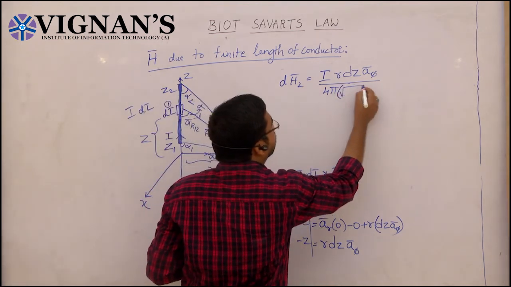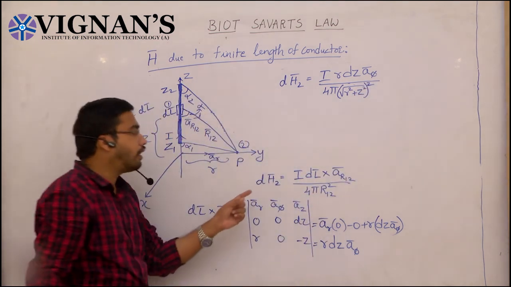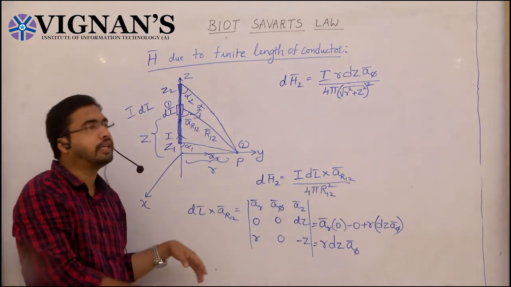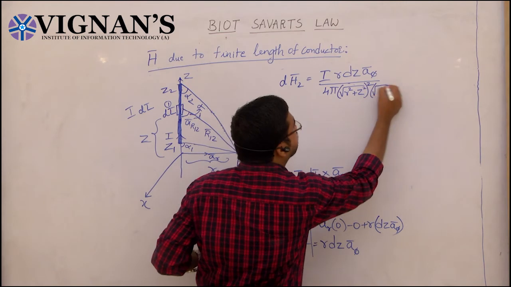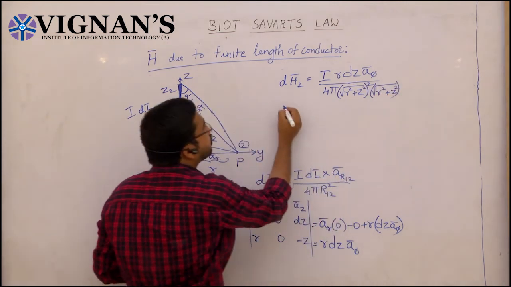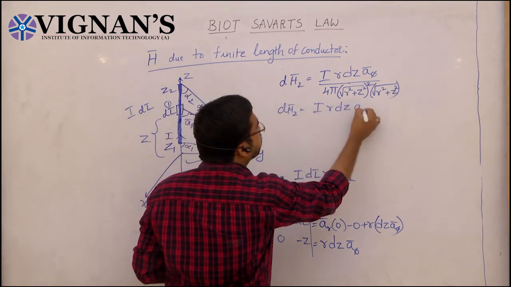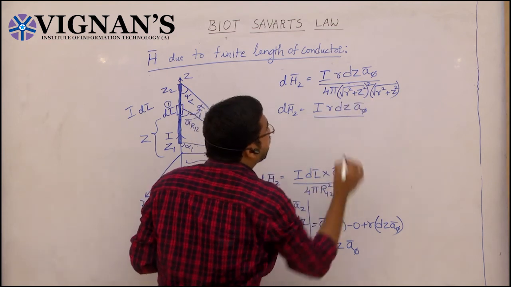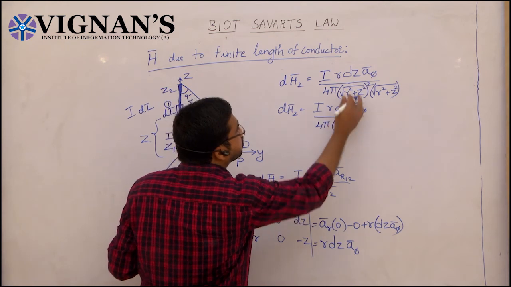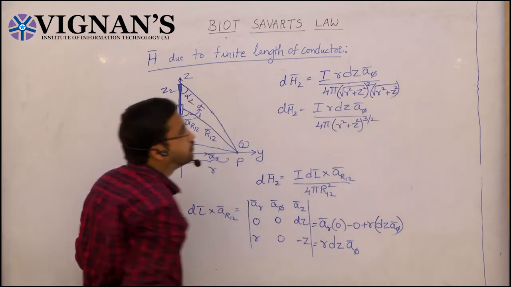So root over R square plus Z square whole square into, for this AR12 you are having one more root over R square plus Z square in the denominator. So you also substitute that. So here if you simplify this, I R dz A phi divided by 4 pi into R square plus Z square whole power 3 by 2.